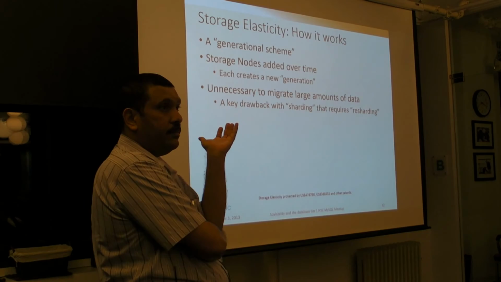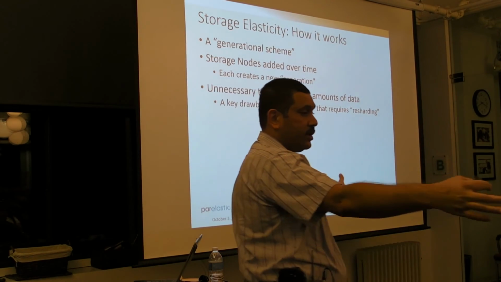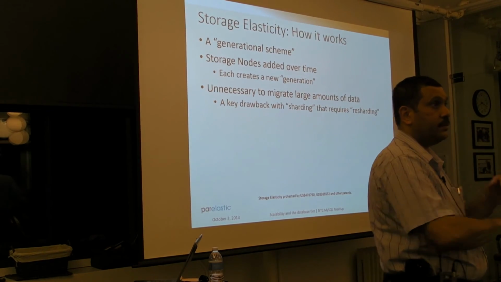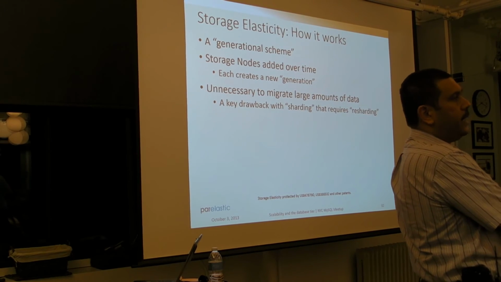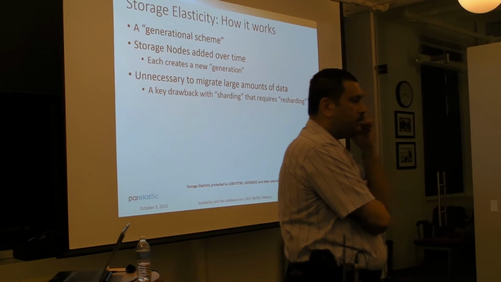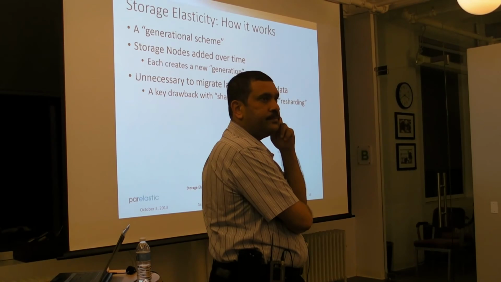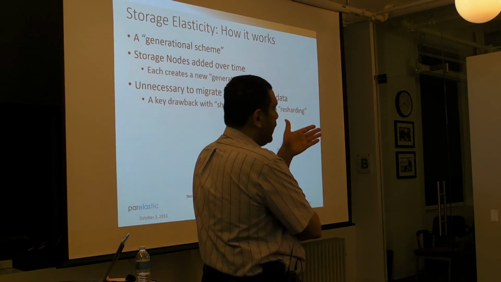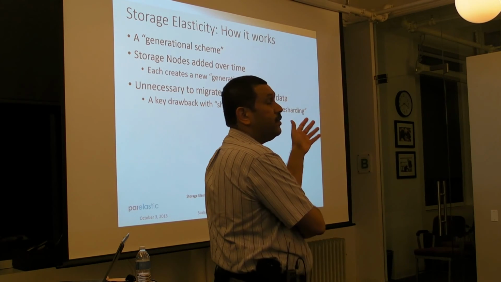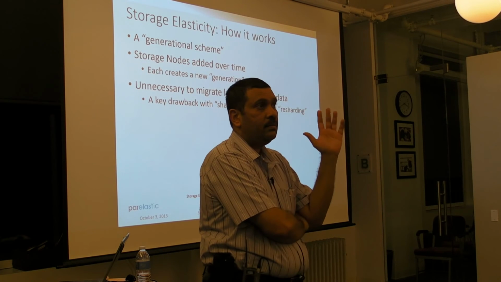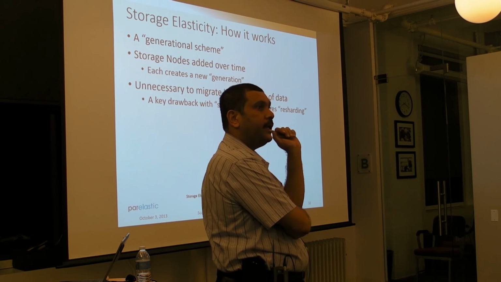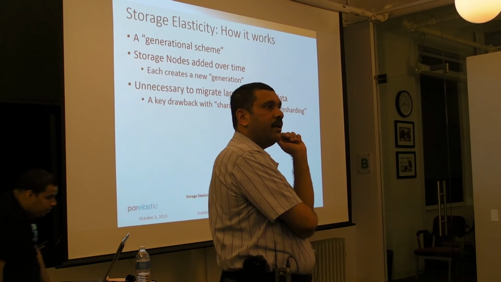When you start up your system and you say, I've got 4 servers, we'll call that generation 0. And you distribute your data based on, let's say, transaction time. So your data is going from January 1st, 2013 through October 3rd, 2013, and you decide 4 servers now begin out.